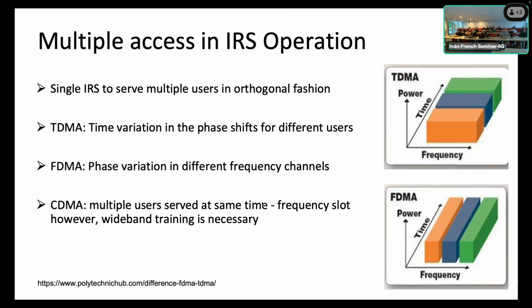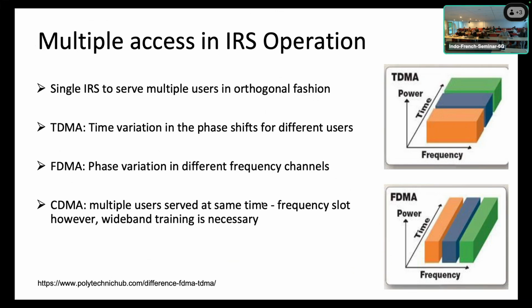If we use OFDMA, we need to train the IRS for every subcarrier, as already mentioned by Professor Brijesh. When we have a frequency selective channel, basically a wideband channel, what challenges would there be?